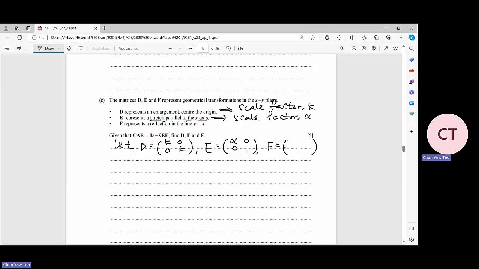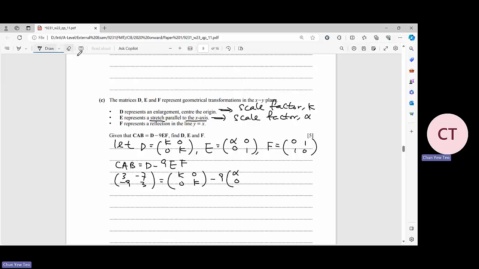So the reflection y equals x will be 0, 1, 1, 0. So this is what we have. Then the question says that the CAB equals D minus 9EF. So which means CAB, we already have from the part A just now, is 3, negative 9, negative 7, and 3. Then the D is this, minus 9EF.